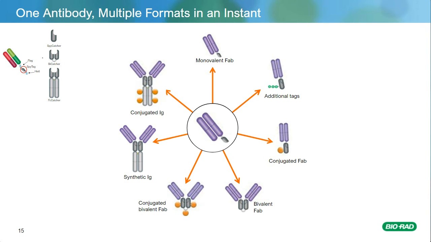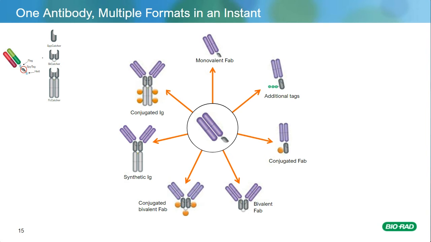Really, what this allows the customer to do is try multiple antibodies in multiple different formats in multiple different assays. So when they're going through all the antibodies we've generated, they're not limited to trying them all in one particular format, but they can try them in all the different roles that they have in mind for them.